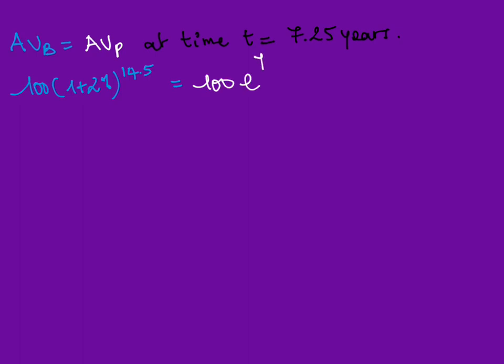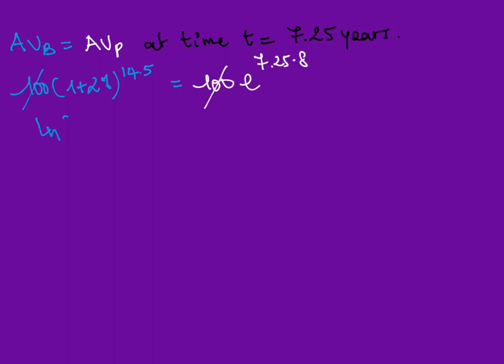Now, let's dive in solving the question. Remember, at time t equal to 7.25, both accounts are equal. So we write that equation in order to find our delta. We will have 100 times (1 plus 2%) to the power 14.5, and 100 times e^(7.25 times delta).